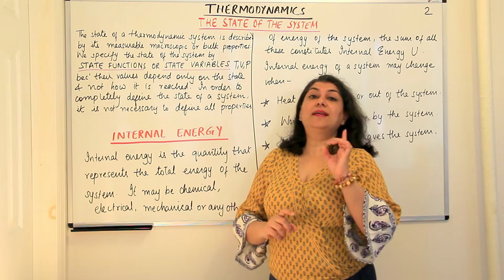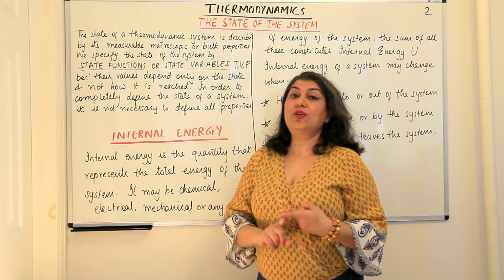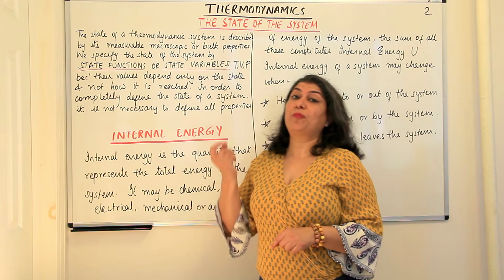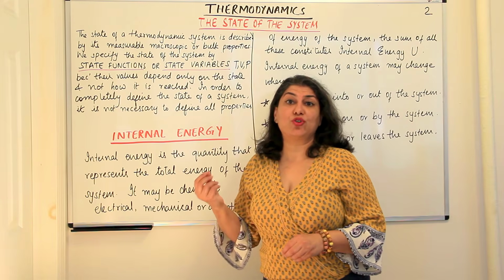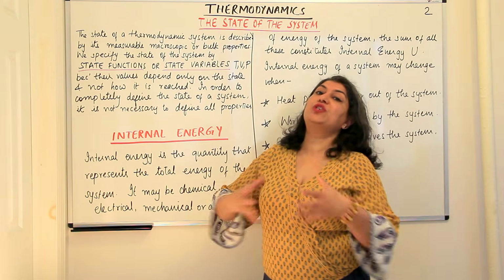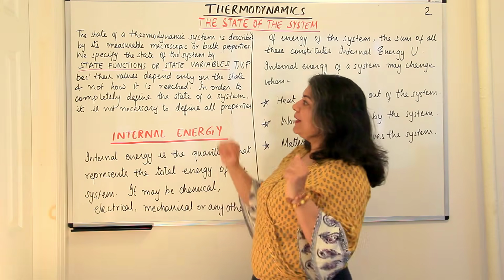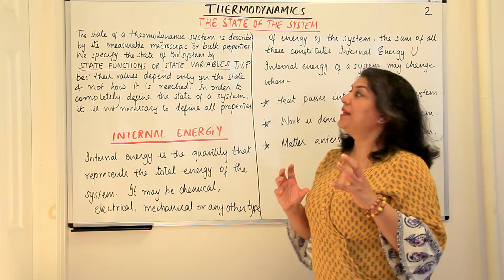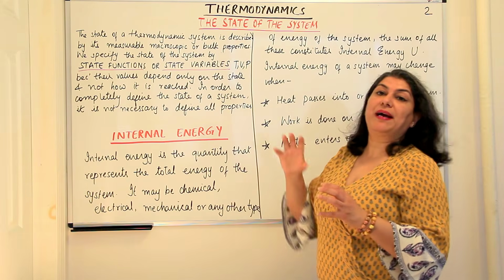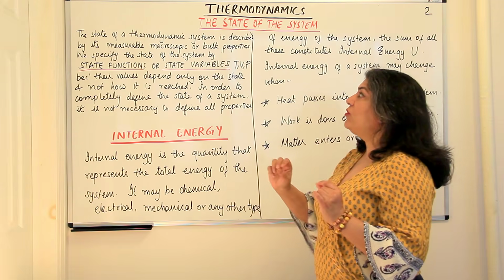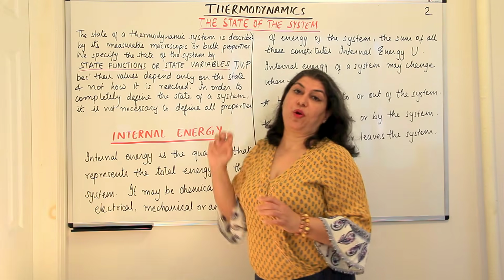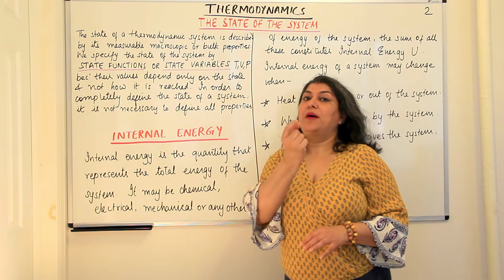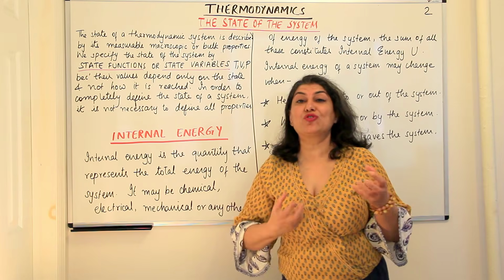Now remember, in thermodynamics, we are not talking of point masses or point molecules or atoms. We are talking of bulk properties. Let me read this out for you now. The state of a thermodynamic system is described by its measurable macroscopic or bulk properties. When you talk of point masses, you're talking of microscopic properties.